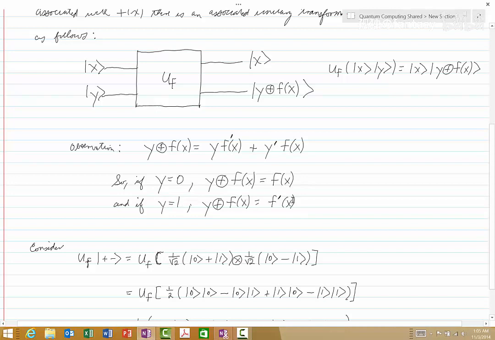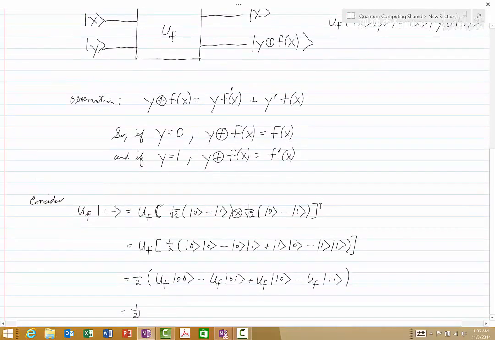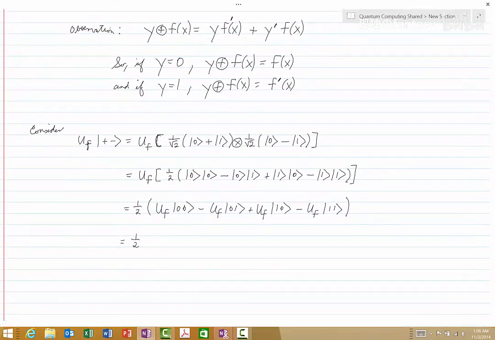And of course, let me make sure you understand that by f prime of x here, I don't mean the derivative of f of x by any means. I just mean, remember, this is a Boolean function, so it has a value of 0 or 1. So when f of x is 0, f prime of x is 1. When f of x is 1, f prime of x is 0. I just mean the complement of f of x.